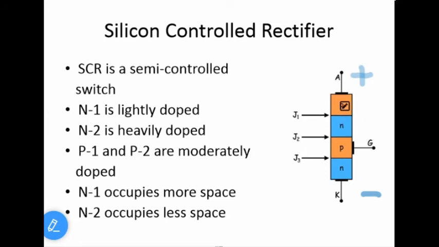Therefore, J1 is forward biased, J3 is forward biased, and J2 is reverse biased. Therefore, this J2 is blocking the entire voltage. It is blocking the current passing from anode to cathode. This is the switch here. I can say that this acts like a wall and blocks the current.